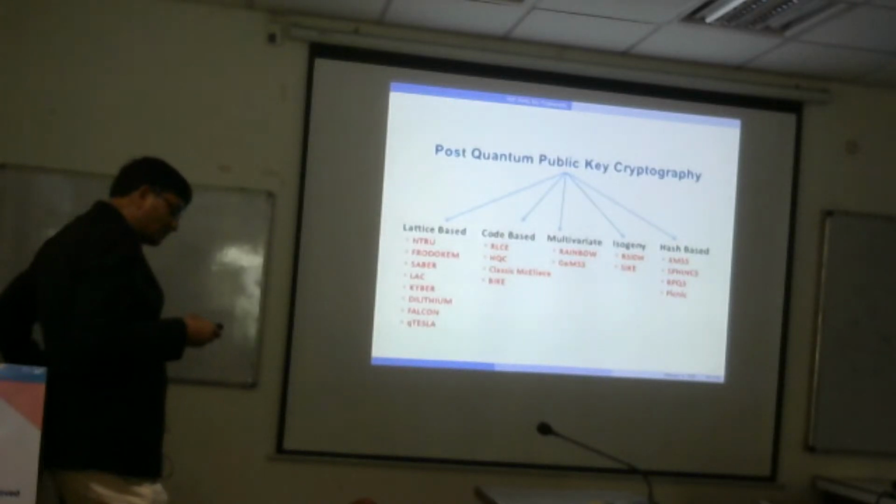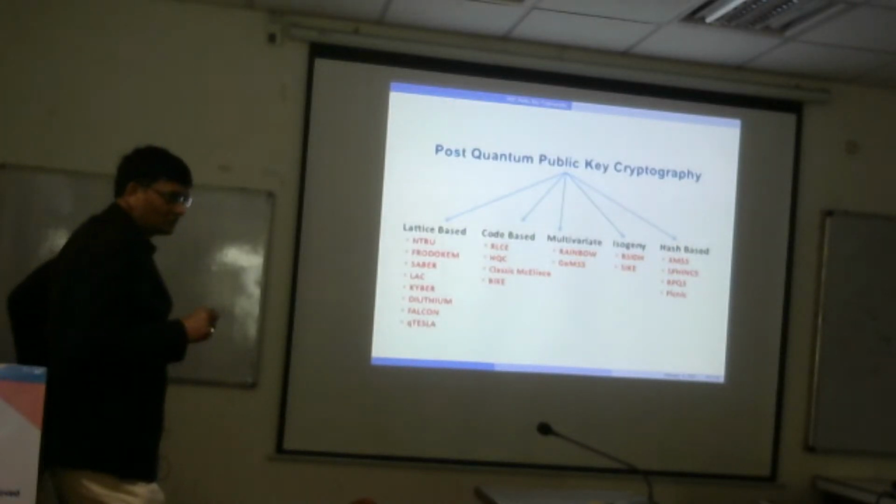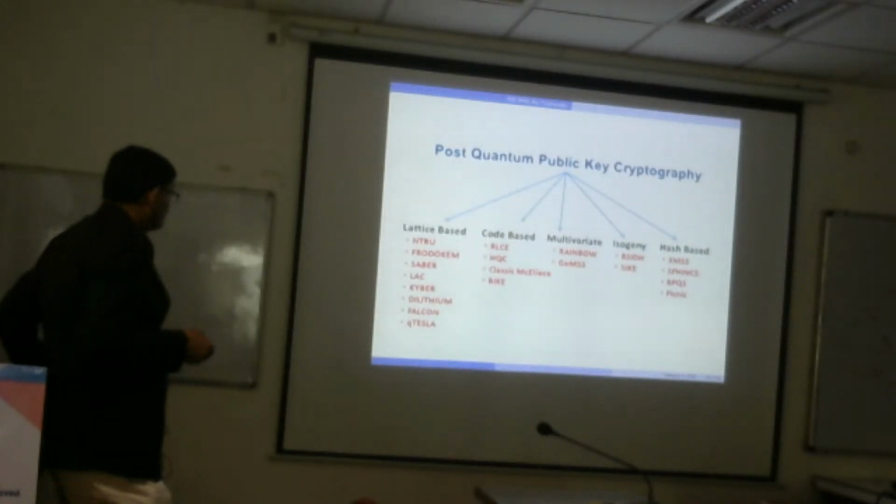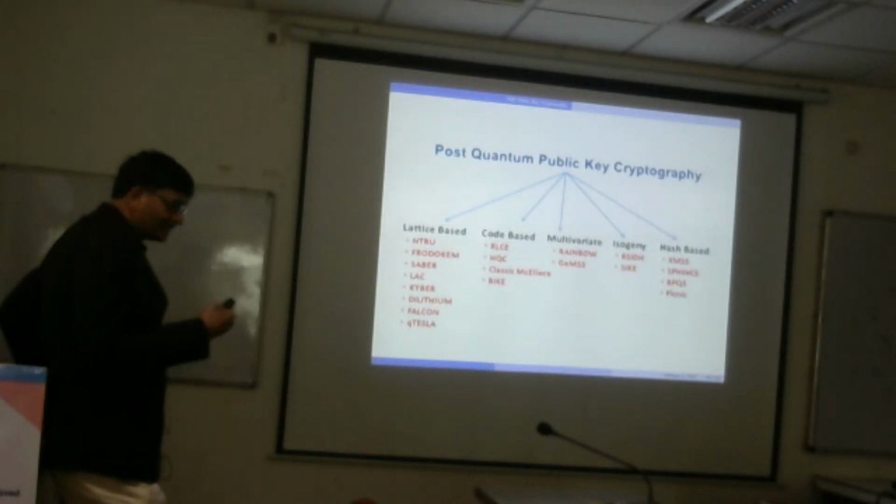So there are two sources: the mathematical hard problem, and the protocol weakness. While designing the scheme, we should not have any protocol weakness as well. RSA and other systems are designed in a very good manner. They do not have any kind of protocol weakness.